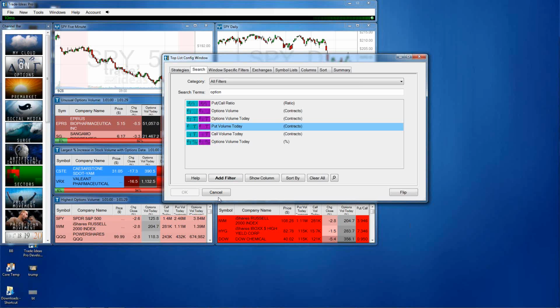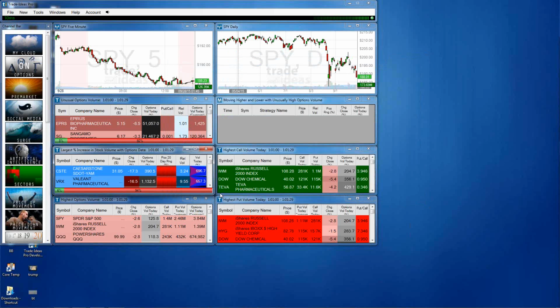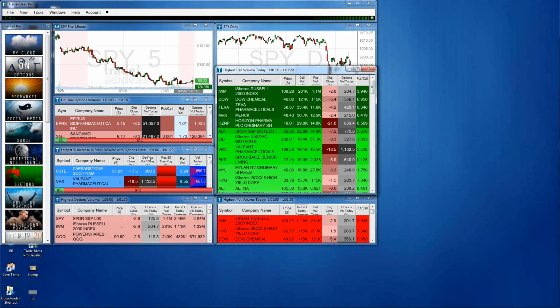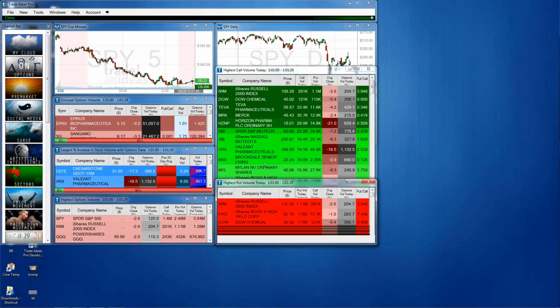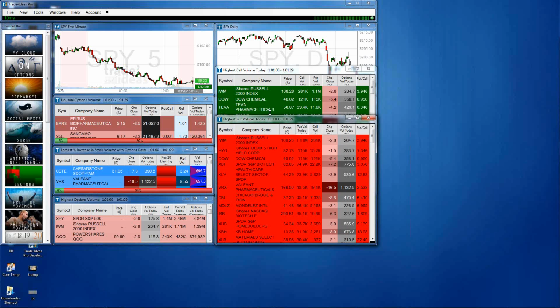So having said that, we'll just click back over here, and we'll take a look at these 2 windows right here. And by the way, you can see that all of these windows here with the T are top list windows with the exception of this one right here. So what I will do here is expand the highest call and highest put windows today.